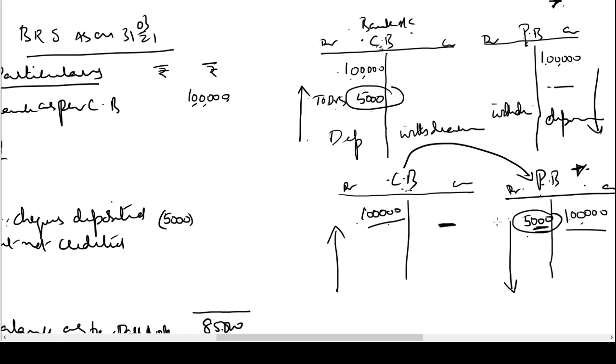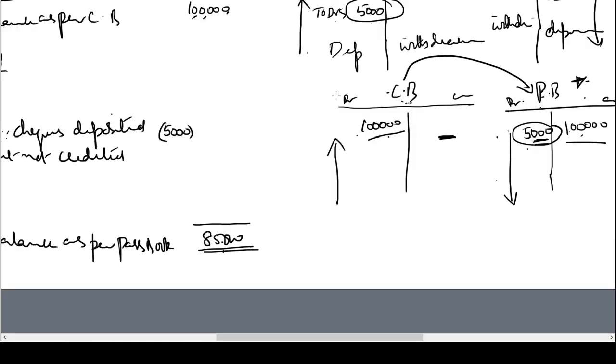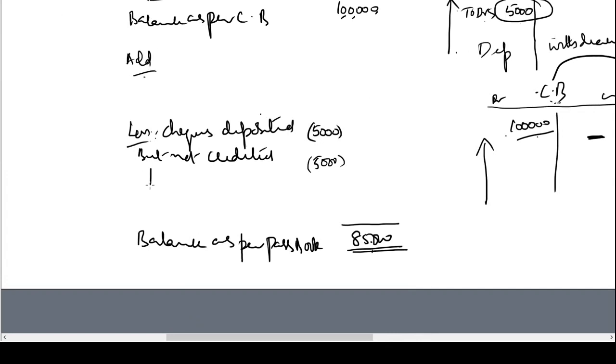We have to reduce it. So I'll write here: payments not recorded in cash book, 5,000 rupees. I have recorded it here now.